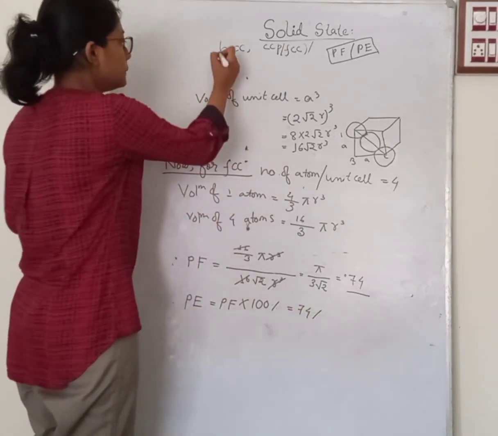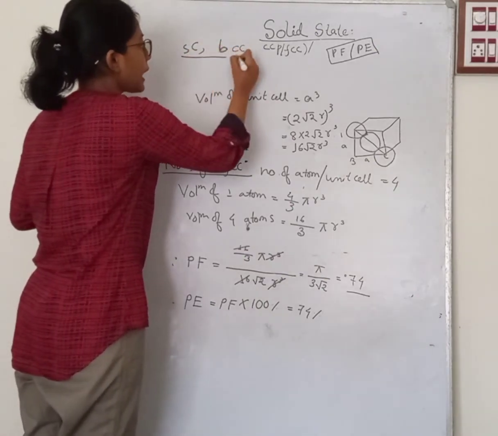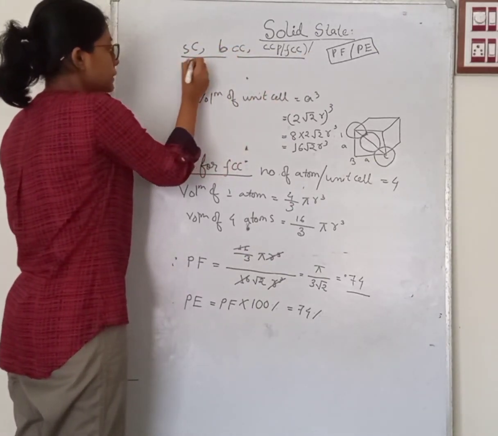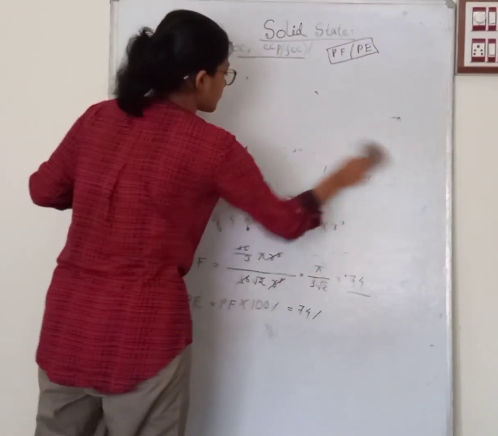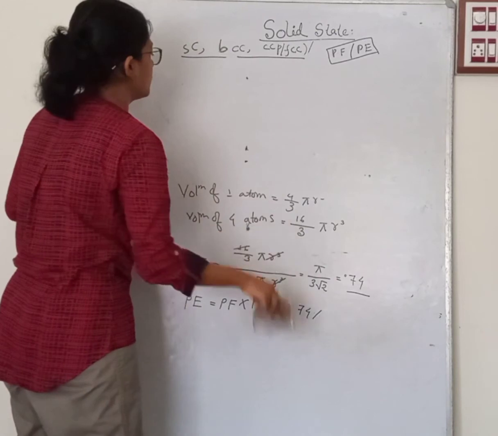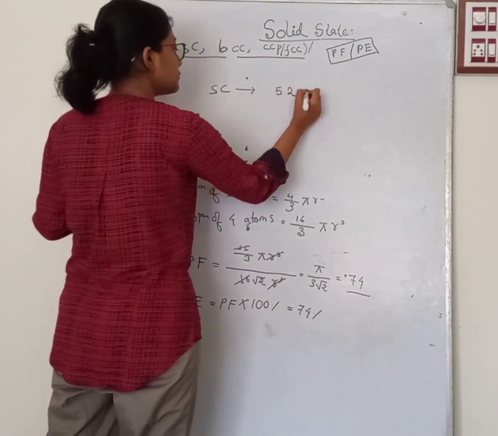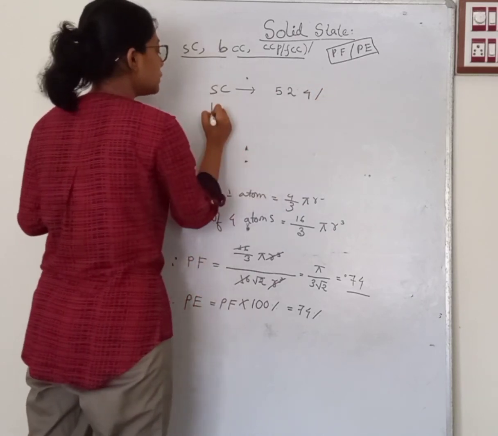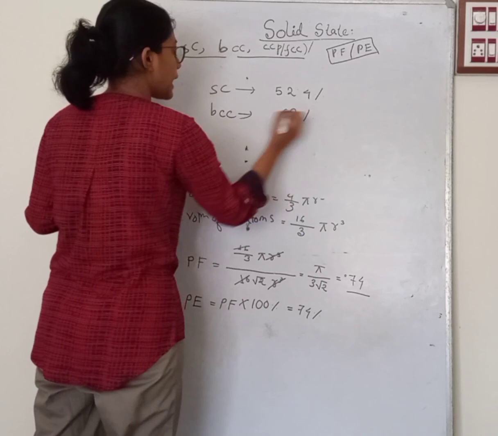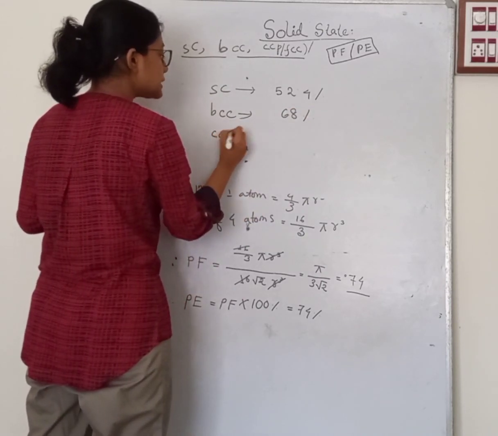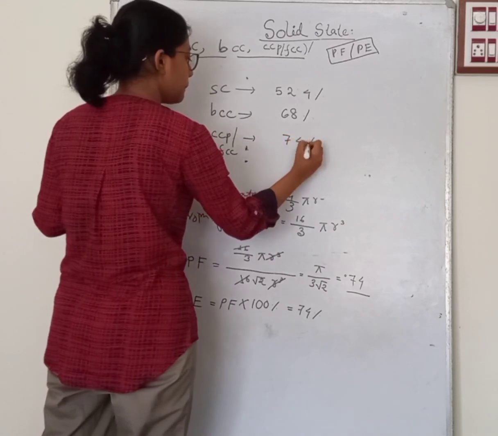So we will get 74%. So out of simple cubic, BCC and FCC, let me write it again. We have simple cubic with packing efficiency 52.4%, BCC we had 68%, and now we find that for CCP or FCC it is 74%.